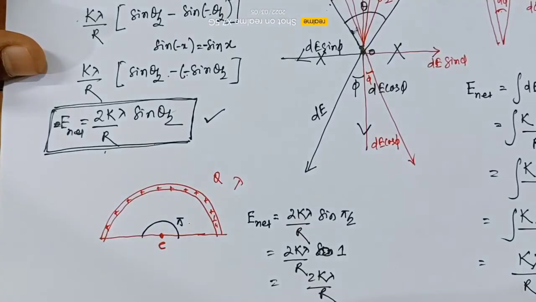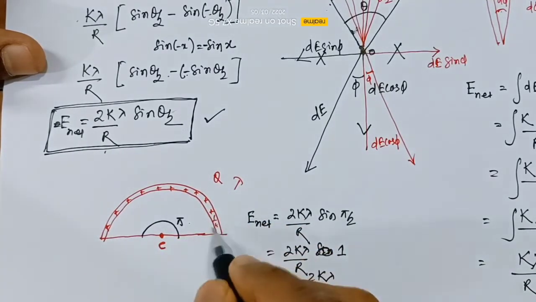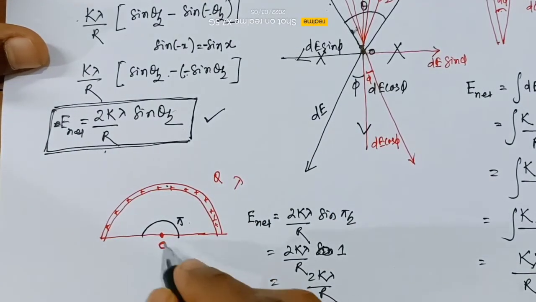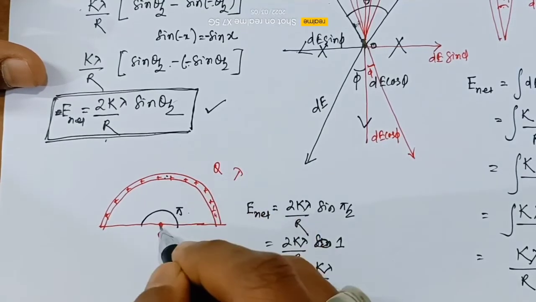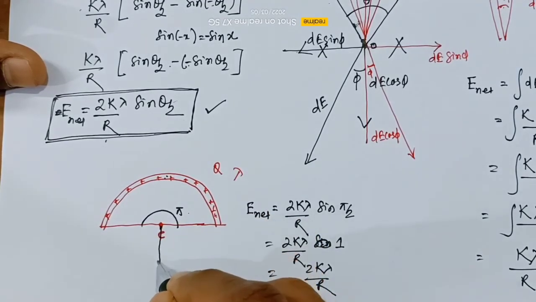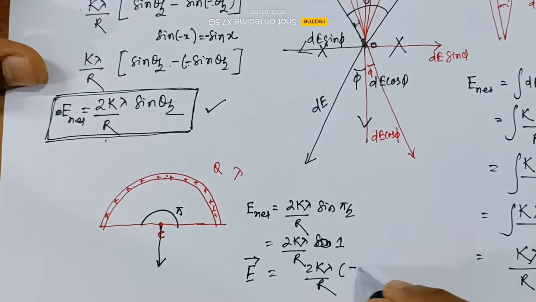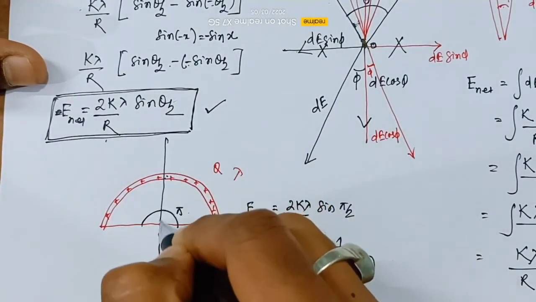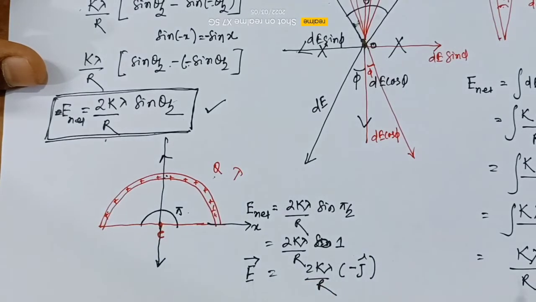And what is the direction of the electric field? See, this is a positive charge. So if I find the expression of the electric field, I must introduce the test charge here. This is positive, this is positive. So the direction will be like this. One can also write, if it is to be in vector form, the direction is minus j cap, because this is x and this is y, the direction is downward, because positive will repel like this.